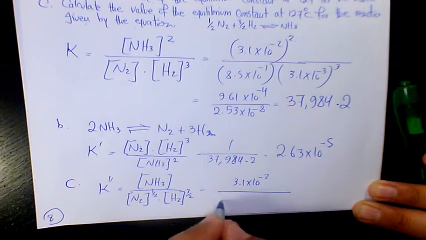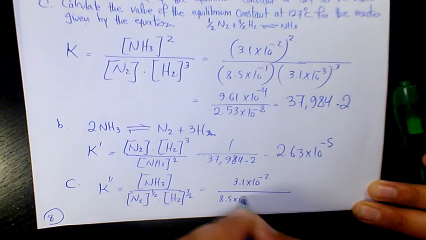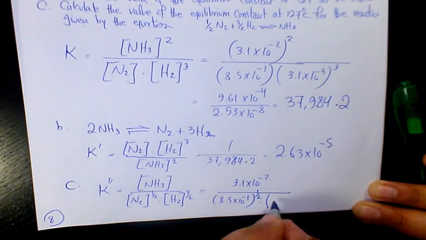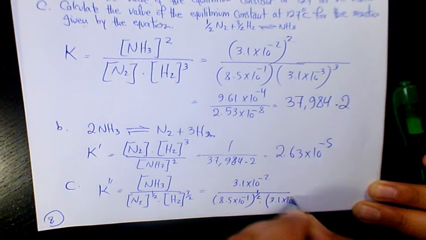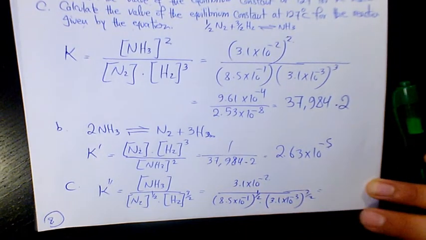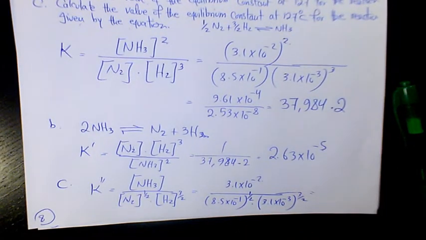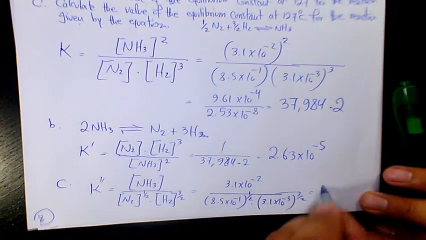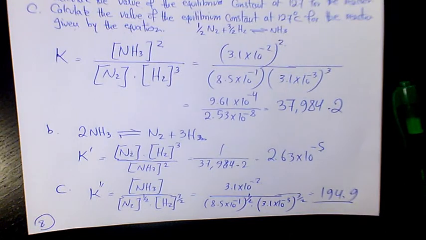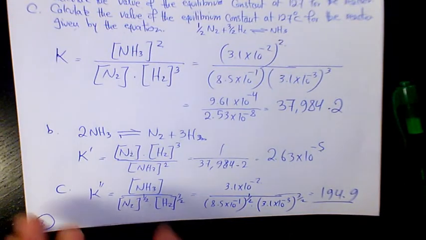N2 is going to be 8.5 times 10 to the power of negative 1, to the power of half. H2 is going to be 3.1 times 10 to the power of negative 3, to the power of 3/2. So when you calculate it, that's going to be 194.9. That's going to be the equilibrium constant.